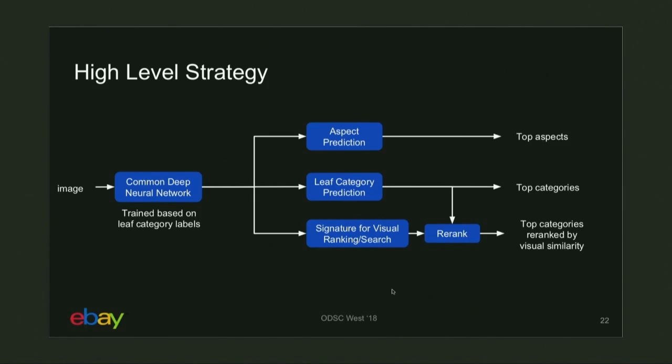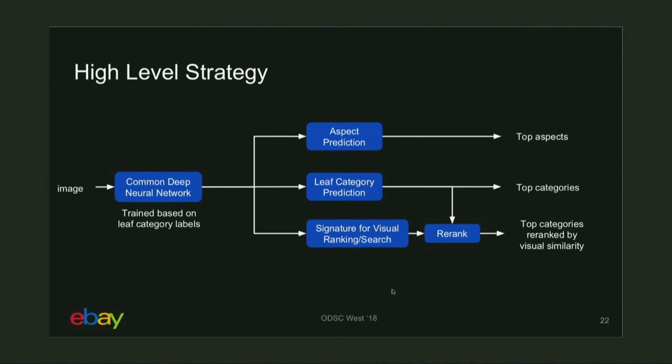As I mentioned, we have 16,000 plus leaf categories. We feed lots of images with different labels, like leaf category labels, and ask it to train. In fact, we start with leaf category prediction because we have very rich data for leaf categories. We train a neural network to predict the leaf category, and then we freeze the bottom layers. Those are the common deep neural network layers.